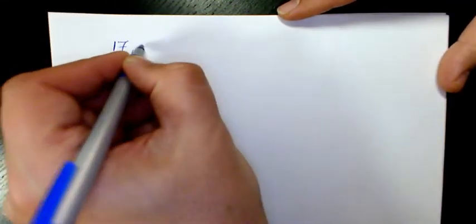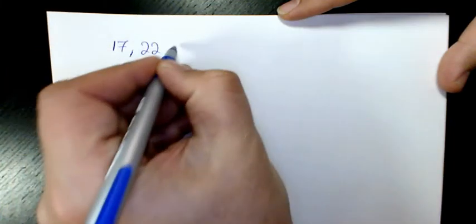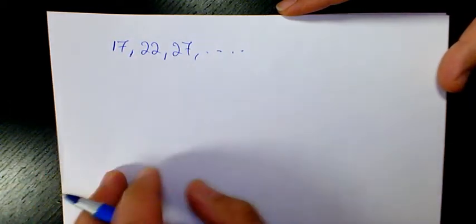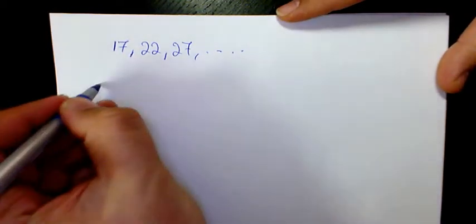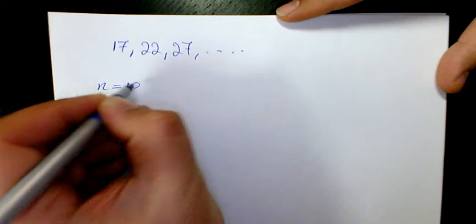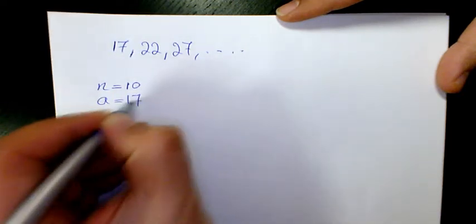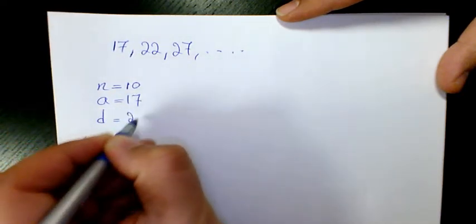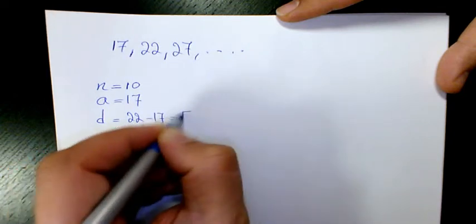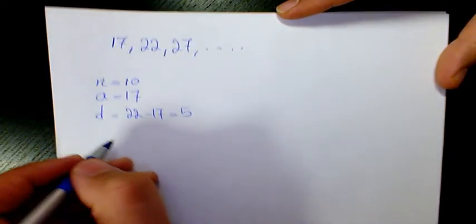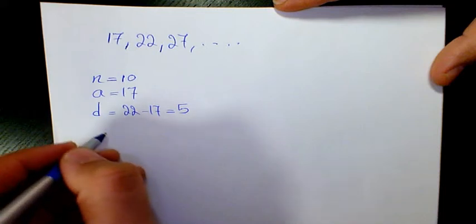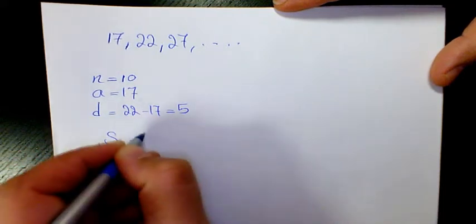17, 22, 27, and so on. We need to find out the sum of the 10 terms. So N is 10, A is 17, D is 22 minus 17, which is 5. So we can use this formula.